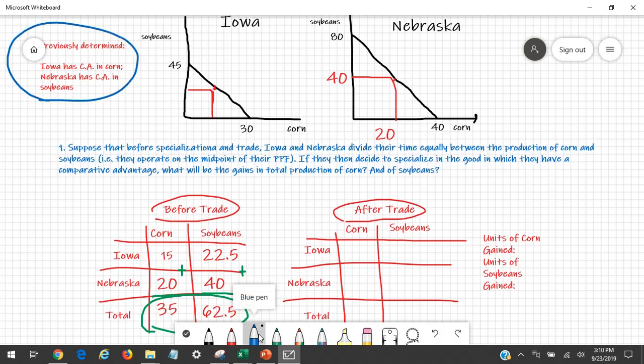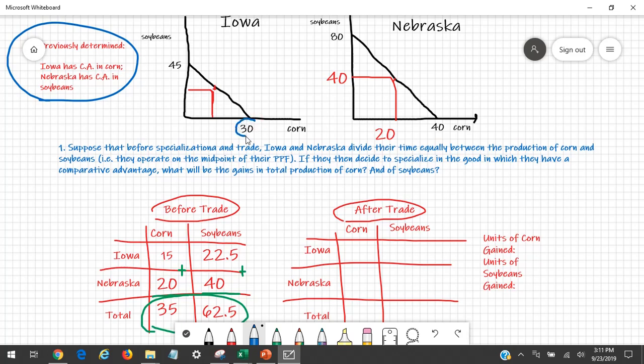Iowa has the comparative advantage in corn and Nebraska has the comparative advantage in soybeans. And so from that, we knew that Iowa was going to specialize in corn because an economy always wants to specialize in the good in which they have a comparative advantage. So Iowa is going to produce only corn. They're going to stop producing soybeans.